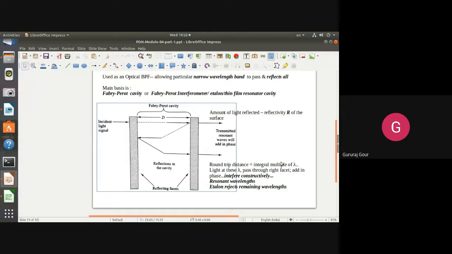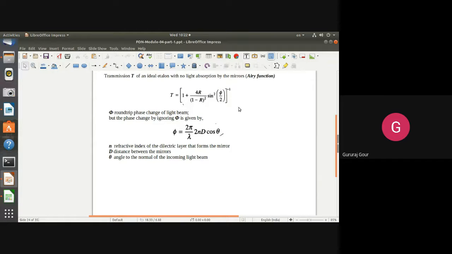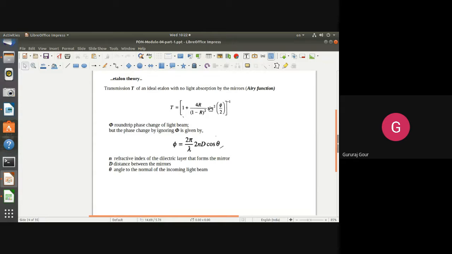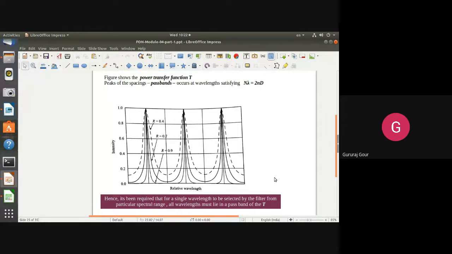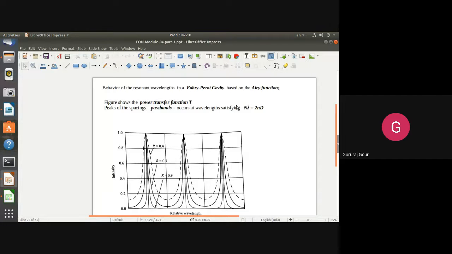Okay, so we can tell a little bit about the significance of the echelon theory with the help of these two equations. Then we can explain how the resonant modes or dominant wavelengths will be selected, as it acts like a band pass filter, based on the wavelengths having integer multiples of 2nd by lambda.